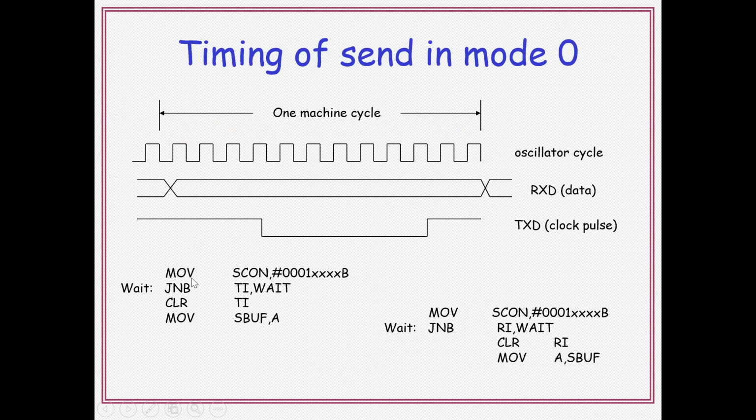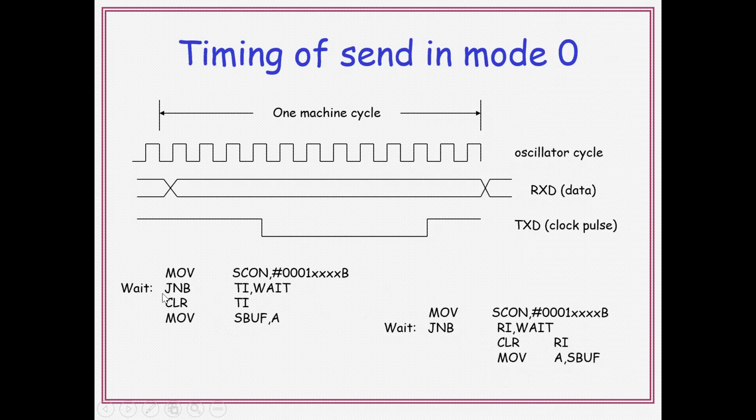Then how to send, how to receive. For sending, first we need to initialize the SCON register, the serial control register. You can select mode 0, mode 1 or mode 2, and you can enable transmitting or receiving. Suppose the left side program is for transmitting, the right side program is for receiving.